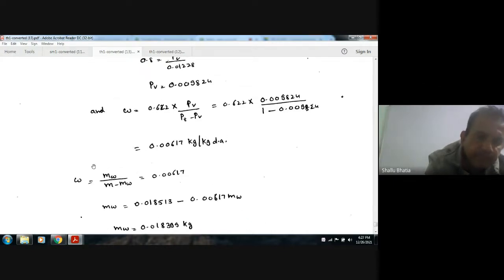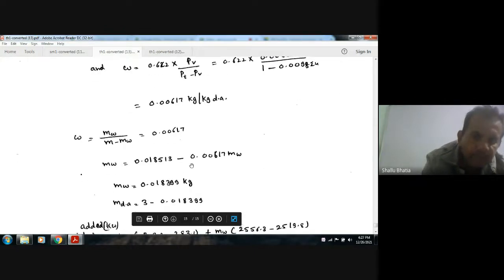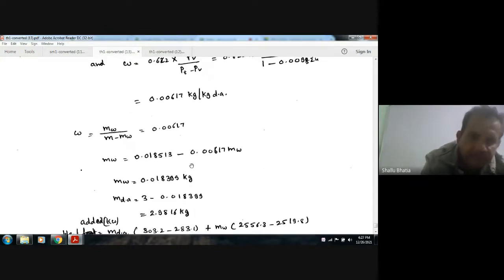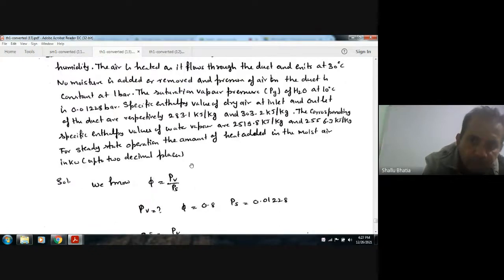Omega is nothing but mass of water vapor divided by mass of dry air.